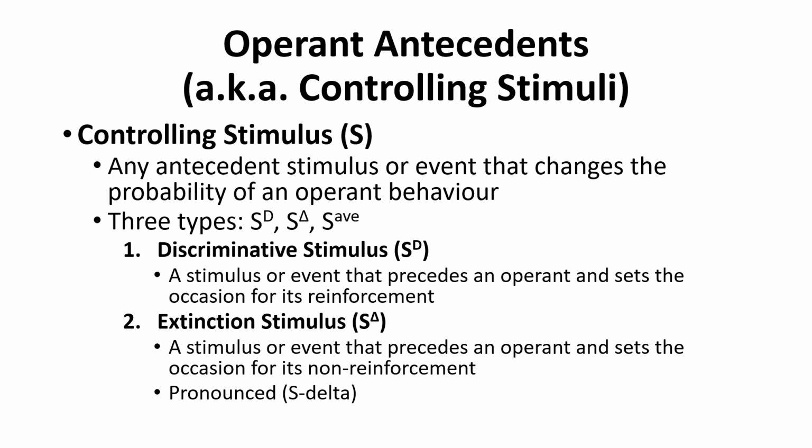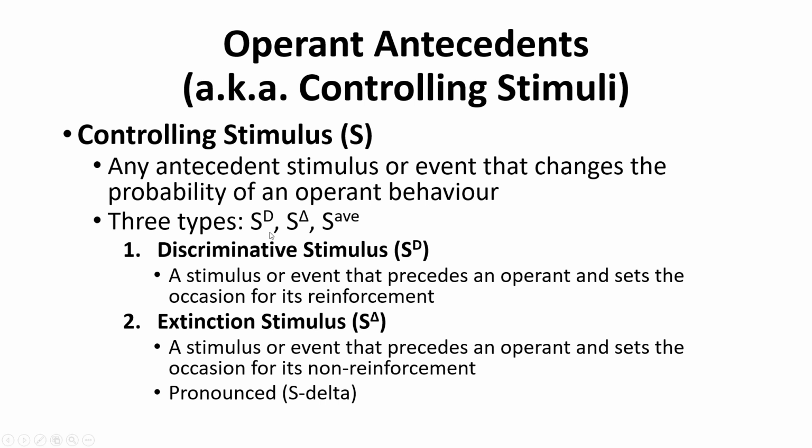For a reminder of our extinction stimulus, or our S delta, that's going to be a stimulus or event that precedes an operant and sets the occasion for its non-reinforcement. Basically the opposite of our discriminative stimulus, that's telling us when a particular behavior will not be reinforced. So working together, our SD and S delta tell us if a behavior will or will not be reinforced.